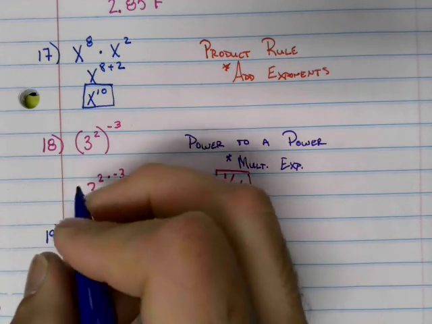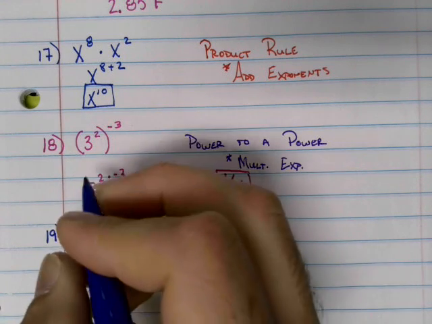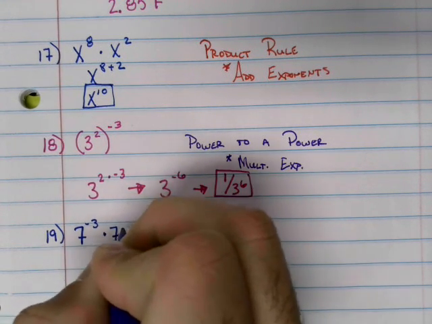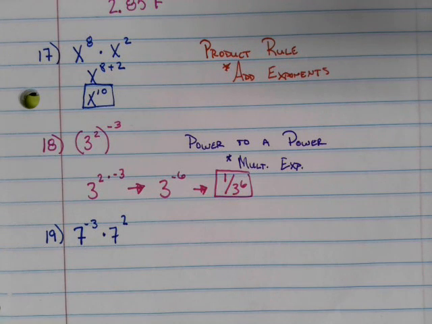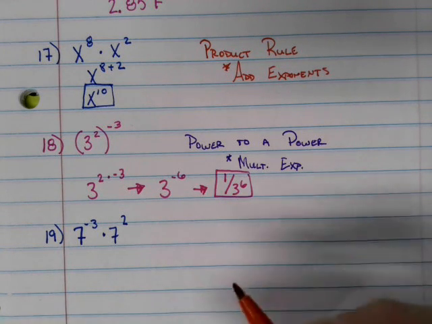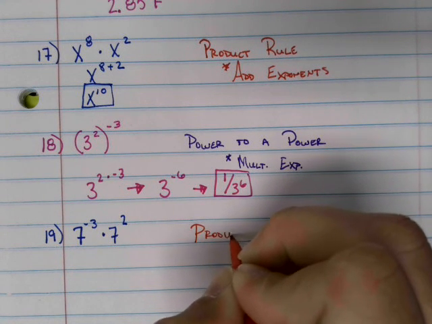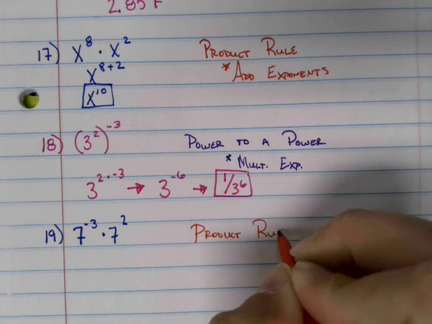Number 19 says simplify, and we're going to keep this in exponential form. 7 to the negative 3 times 7 squared. We're multiplying, so we have our product rule. And what do we do with our exponents in our product rule?